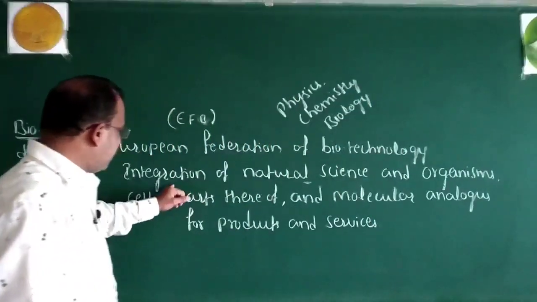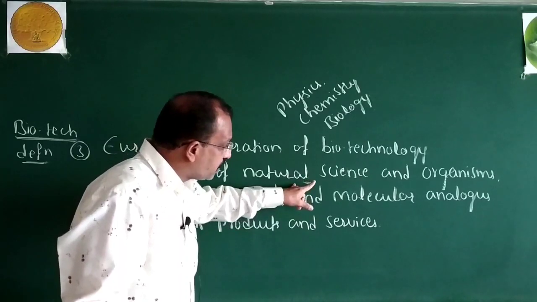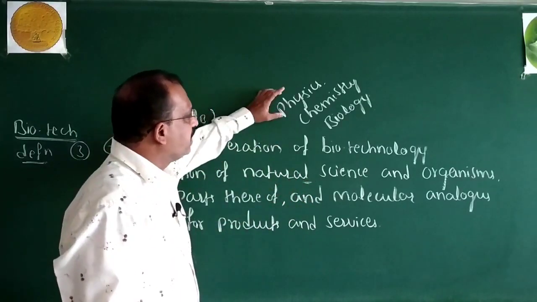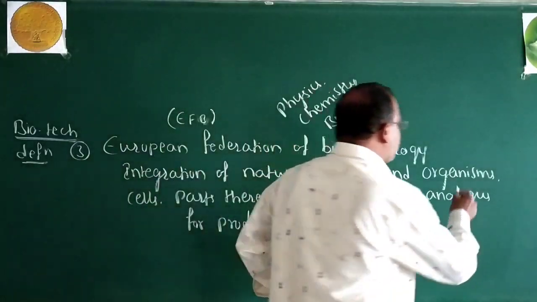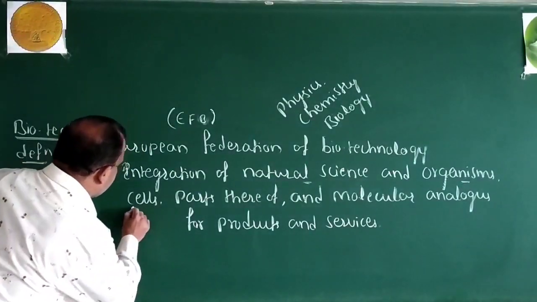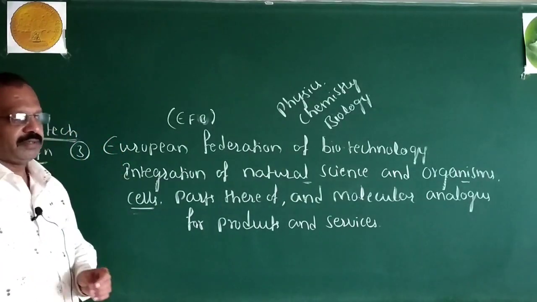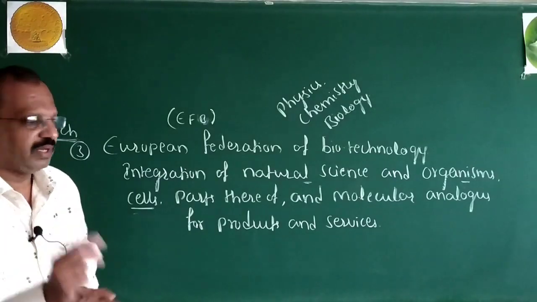Integration means combined natural science: physics, chemistry, biology, and organisms. You know already organisms. Cells, as you have come across in first year: cell is the structural and functional unit of life.